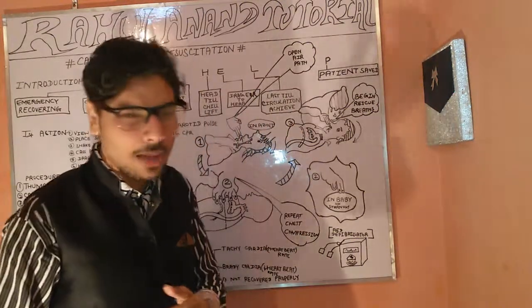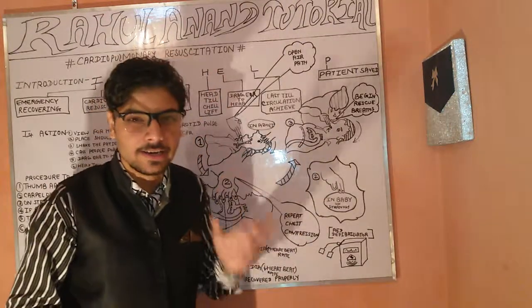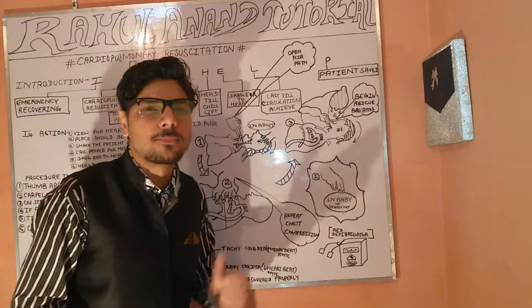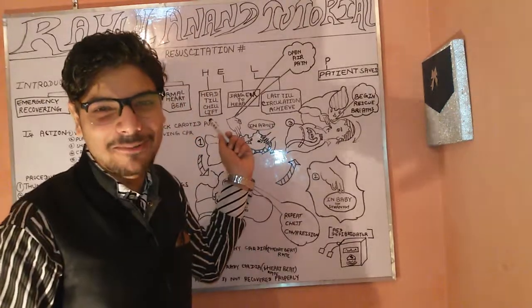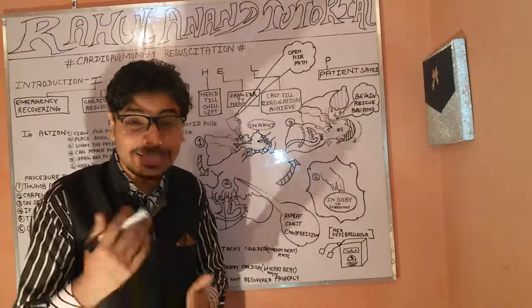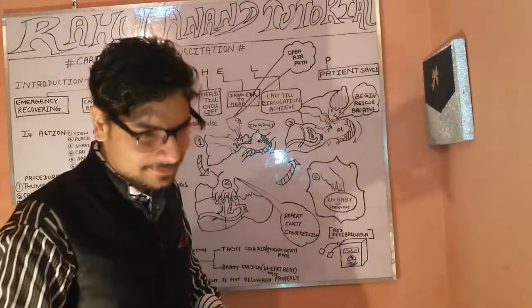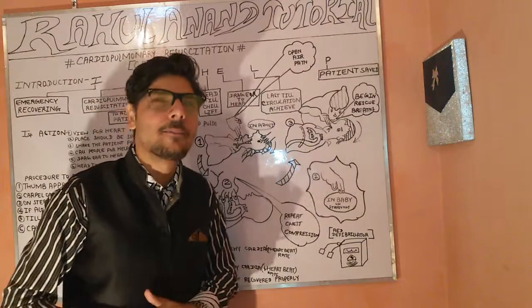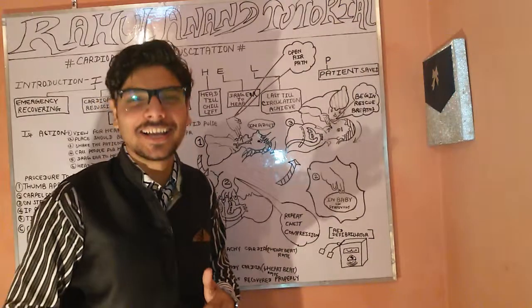I have demonstrated this with a diagram so you could understand. Now, primarily when we are going to give CPR, we have to understand and take the first action regarding our patient. So what will our first action be? Primarily we have to check the heart alarm, then check the carotid pulse.